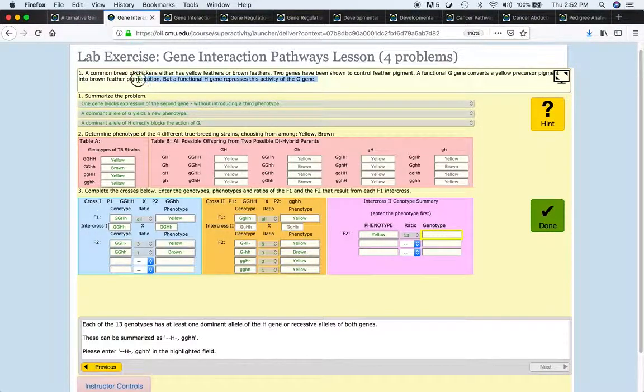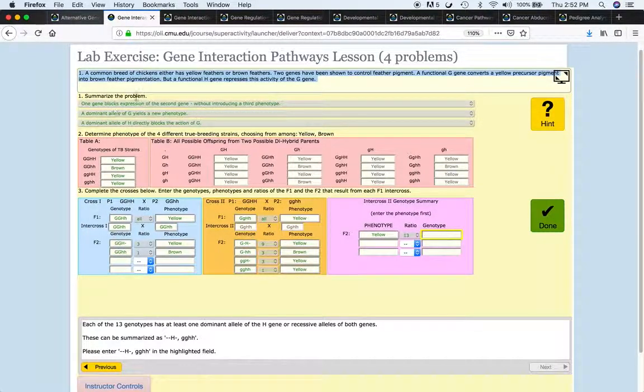The first thing the student does is read the problem statement, which describes a pathway. This problem has been largely completed, just to show you what this activity looks like.